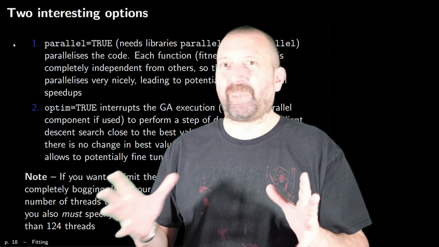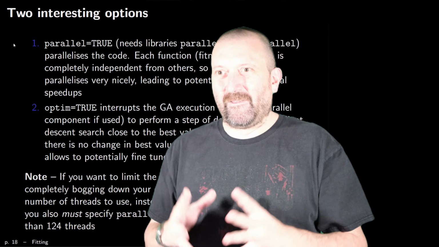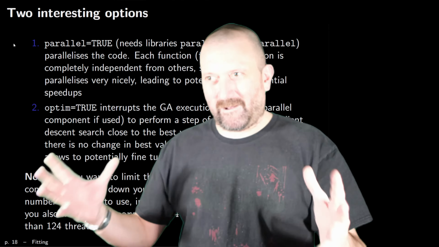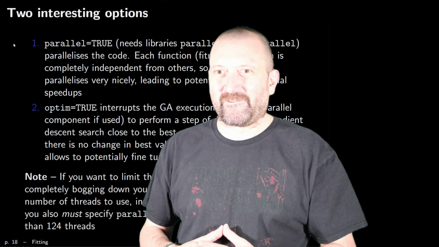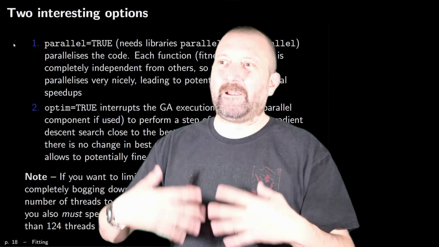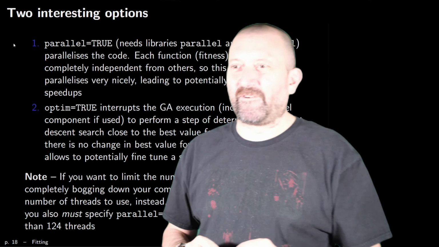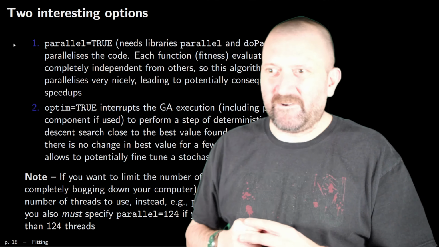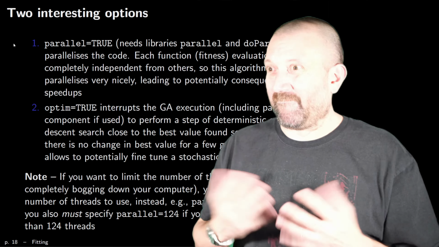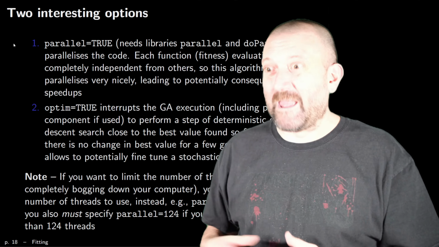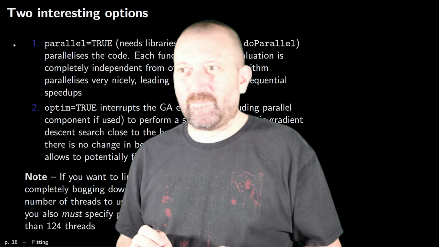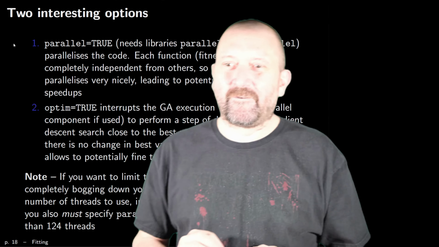Or, at least the last time I checked, R does not handle more than 124 simultaneous computations, unless you recompile, etc. But the base version of R doesn't like this. So if you have 128 cores like my machine does, then it fails and it returns an error if you don't set the maximum number of threads to be 124.